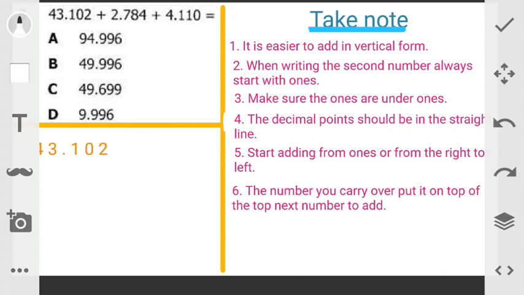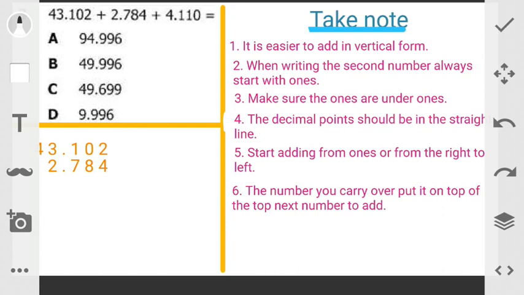So we go to the actual working out. 43.102 has been written. When you are writing the second number, you need to make sure that the decimal points are in a straight line. As you can see there, the decimal points have been put in a straight line.